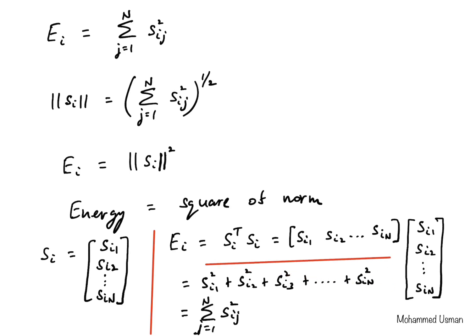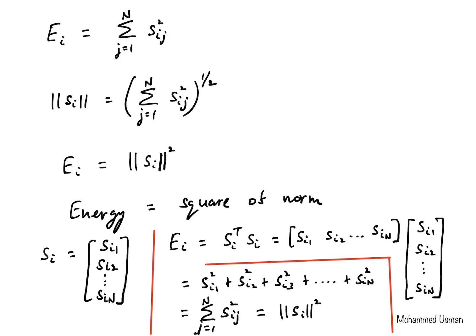I'm just going to make a separation here so you're not confused. We have seen how to compute the energy in terms of the vector elements, and that is equal to the square of the norm, Si square, the square of the norm.